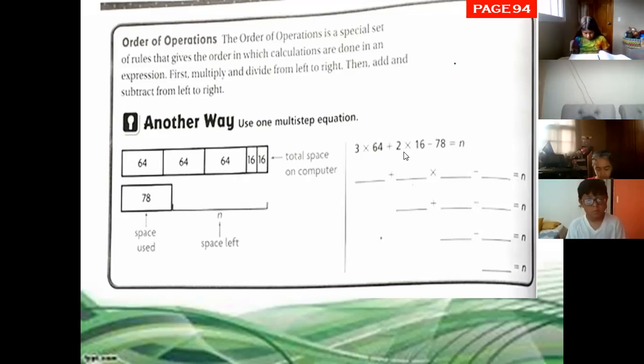Then I have 2 times 16, because how many 16 do I have? 2. And remember that because the 78 I subtract, I need to write minus over there. And then an equal sign, which means the total, okay?